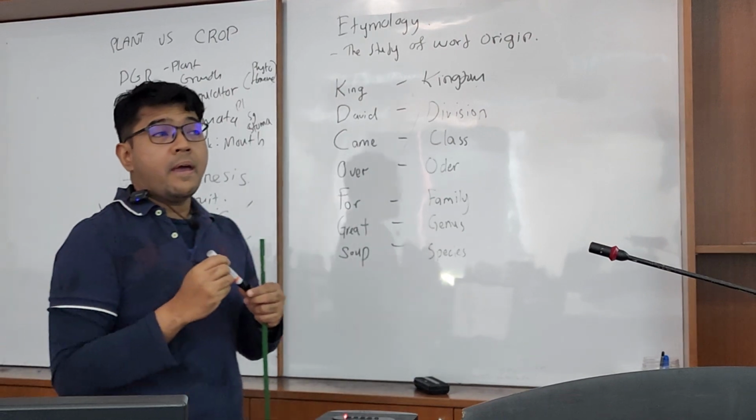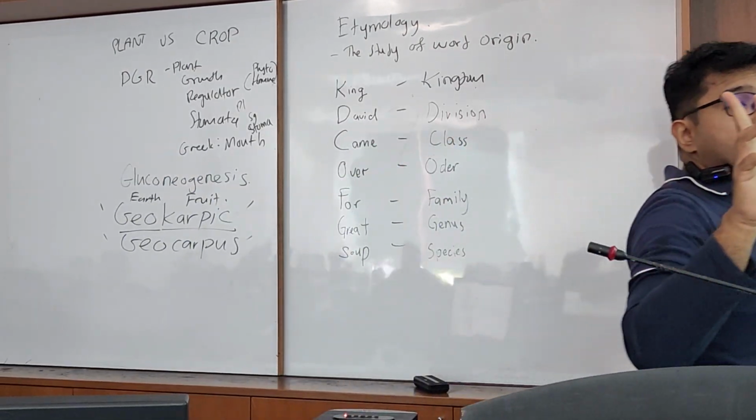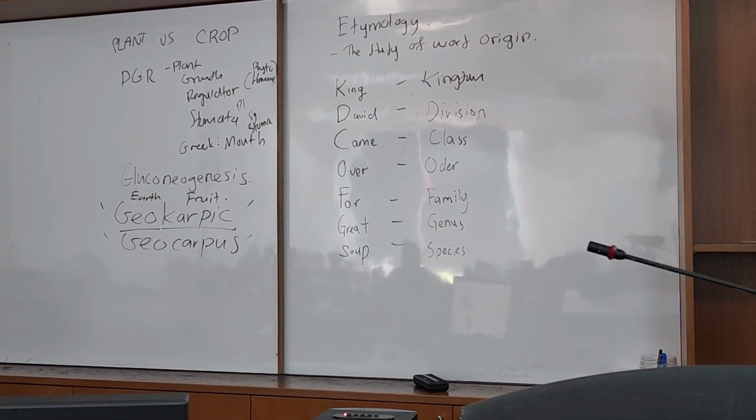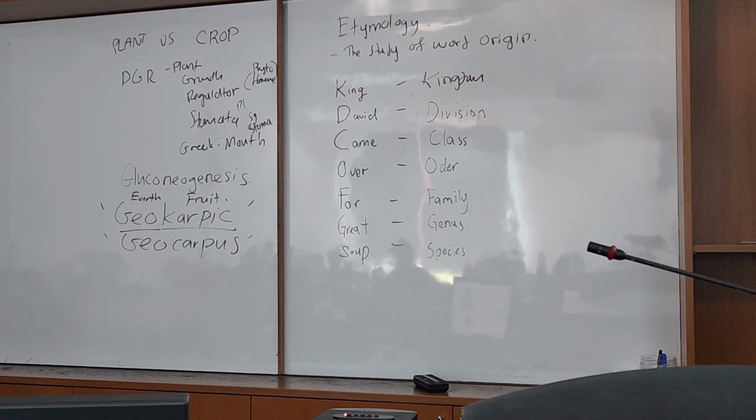Geocarpic fruit. Meaning that the flower, the moment it gets fertilized, the stem of the flower, or we call it peg, PEG, like a cloth peg, will plunge into the soil. In a way, kind of like burying itself.